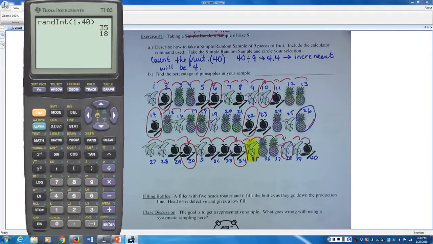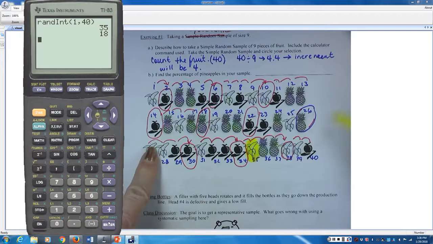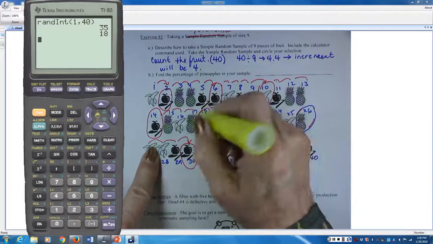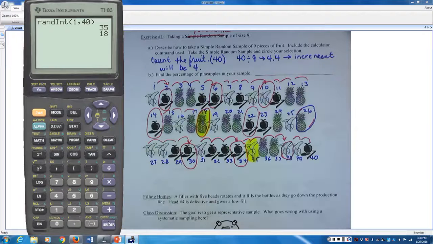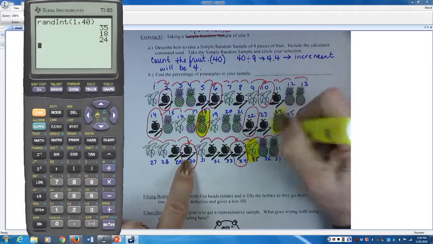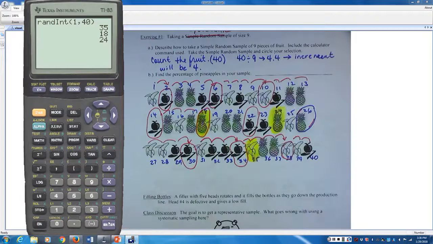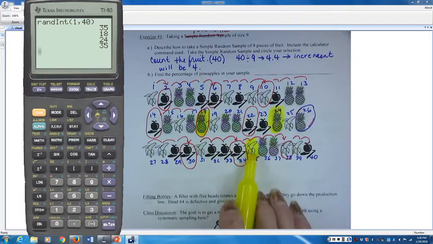I hit enter again and it says my next one is number 18. I hit enter again and it says number 24. I hit enter again and I have number 35, but I've already chosen 35, so I skip it over and keep going.